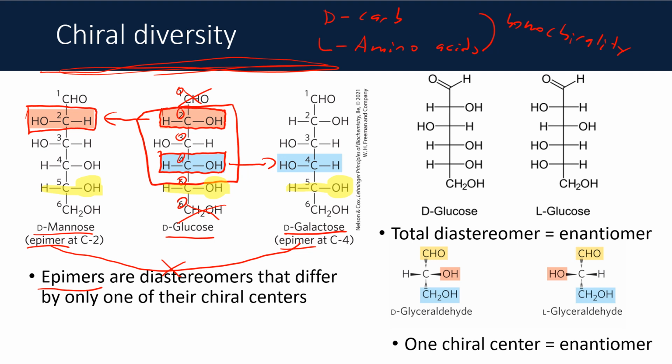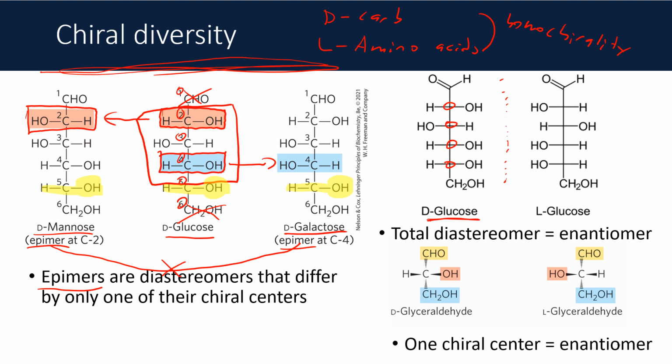Now, what if we were to do the unthinkable? Let's say we'll have our D-glucose molecule, and let's change all of the chiral centers, and we'll reflect them across this imaginary mirror and see what we get.